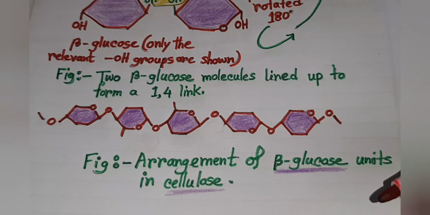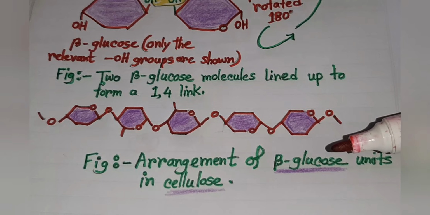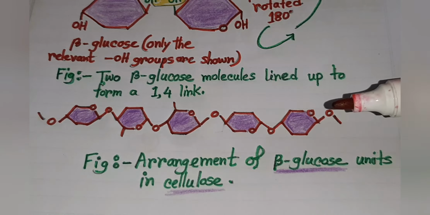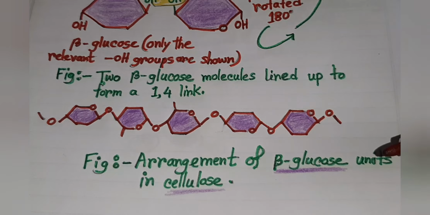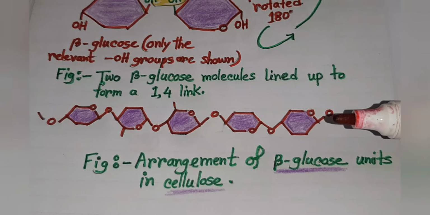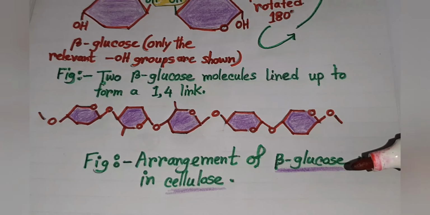Here you see beta glucose, showing the unit of cellulose, attached and joined together to produce a long chain.